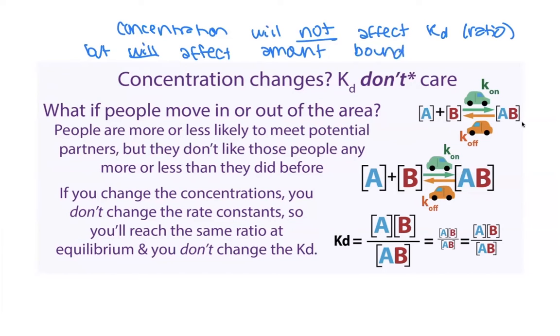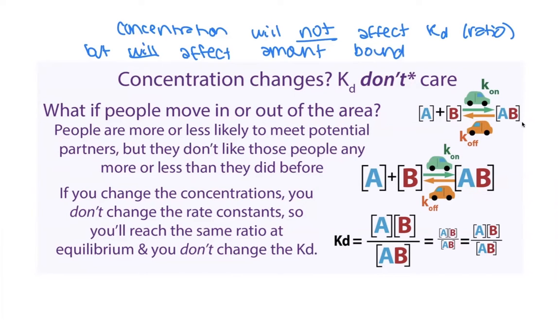Because that's going to actually depend on the concentrations, how likely you are to be able to find one of them. If there's none of them around, you're not very likely to find them, you're not going to find these molecules bound to one another. And if there's a lot around, now you're more likely to find them bound. And even if they have a high divorce rate, there's still going to be lots of them around that can bind yet again.